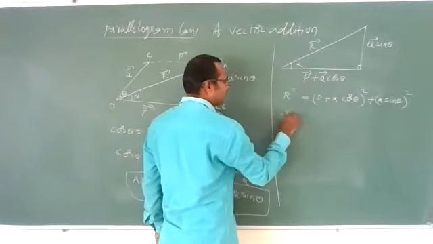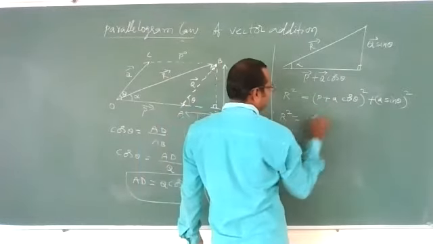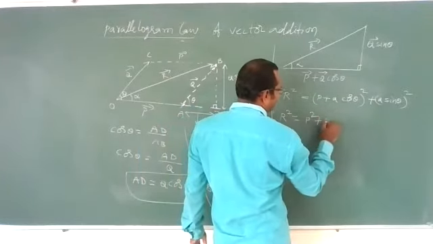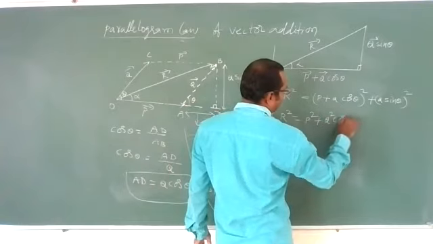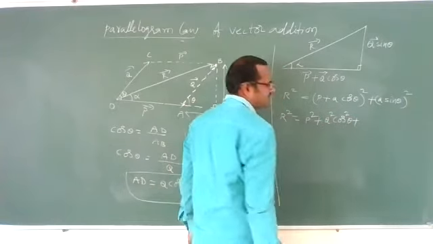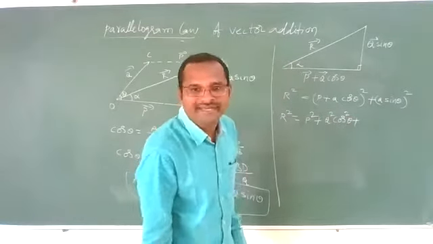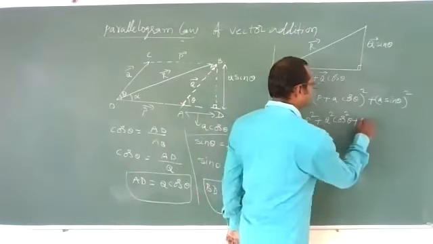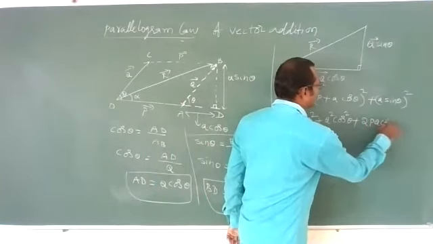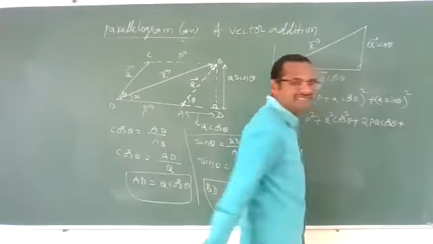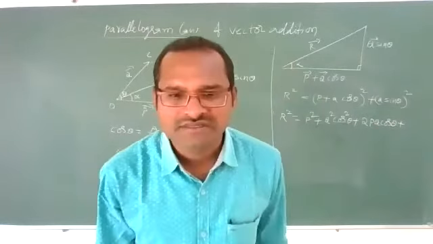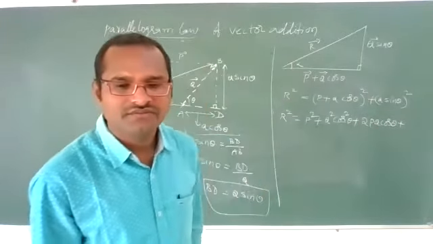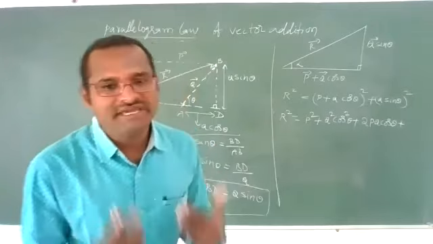Yes. So resultant vector squared is in the form of P square plus Q square cos square theta plus, A plus B whole square, no? Yes. P square plus Q square cos square theta plus 2PQ cos theta plus, and last thing, Q square sin square theta.